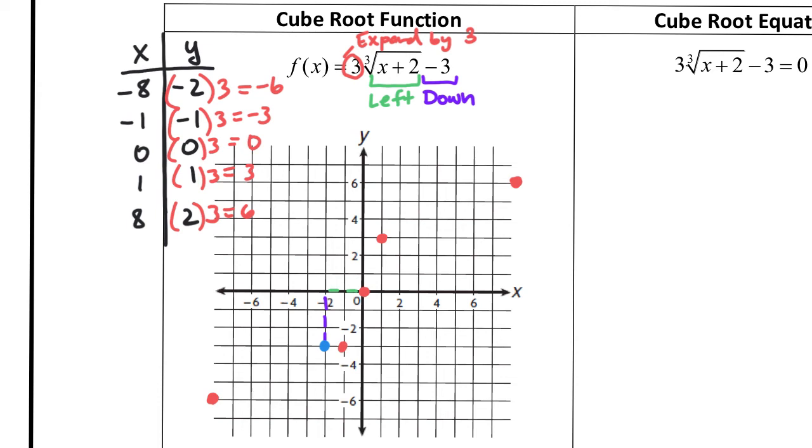So if I do that with this point here, to the left 2, down 3. Do that with this point here, 1, 2, 1, 2, 3. And then 1, 2, 1, 2, 3. And the last one, that one kind of goes out of the area, right? 1, 2, 3.